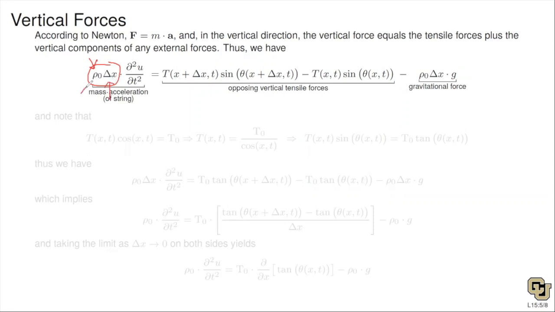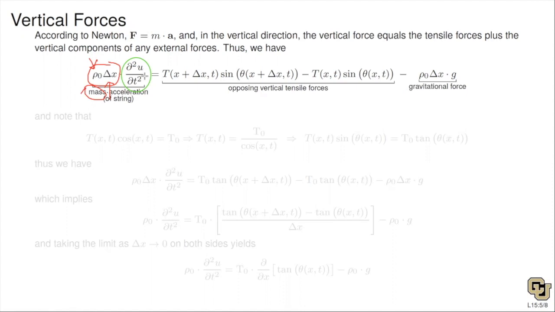The acceleration is the theoretical acceleration of our variable u, which we're trying to find. If u is the vertical position, the second derivative with respect to time is acceleration, and now I've got force: mass times acceleration.